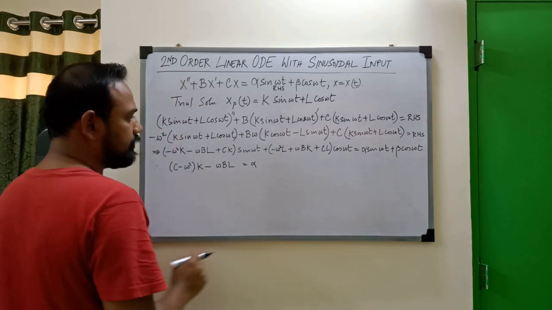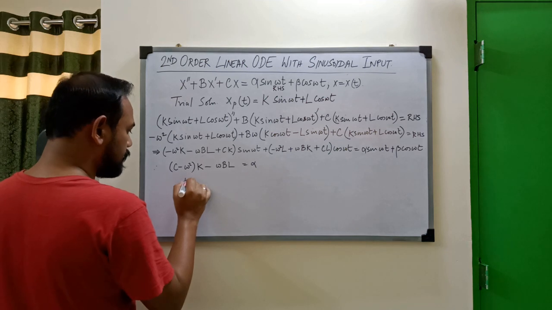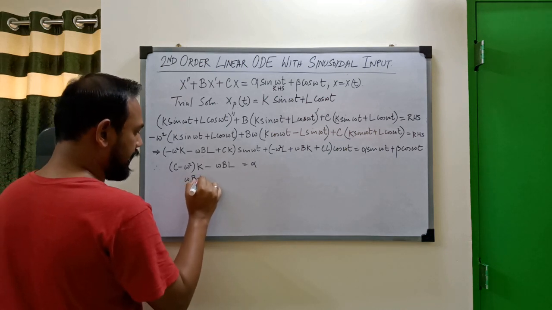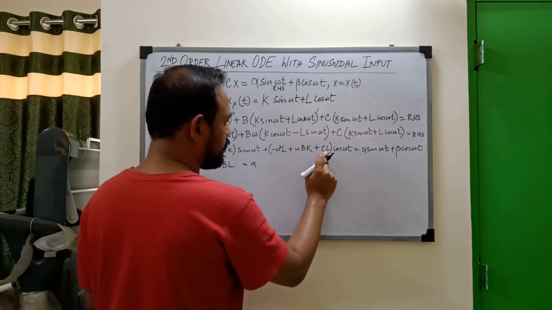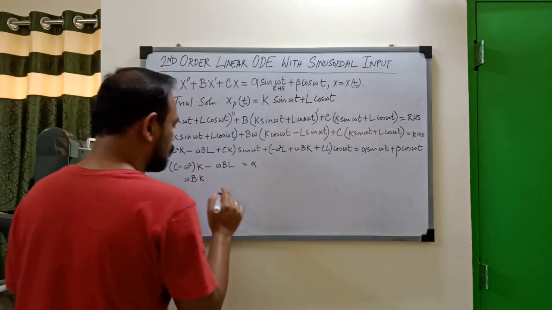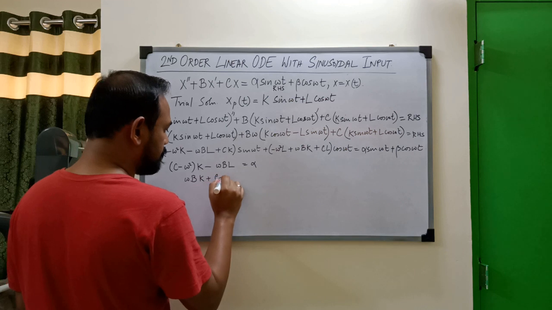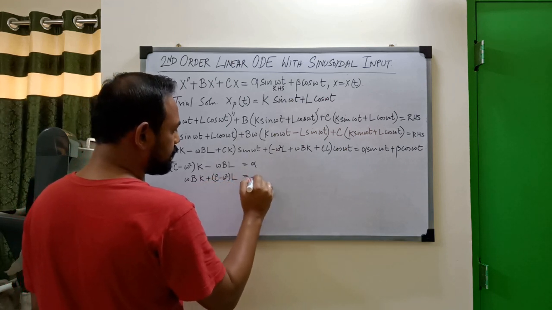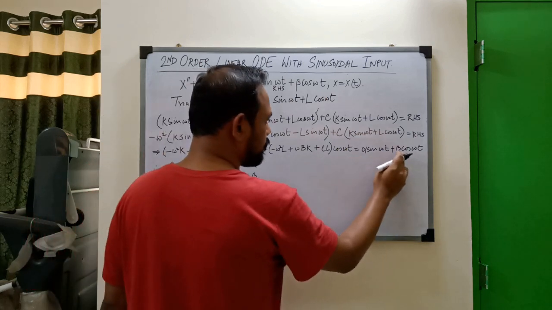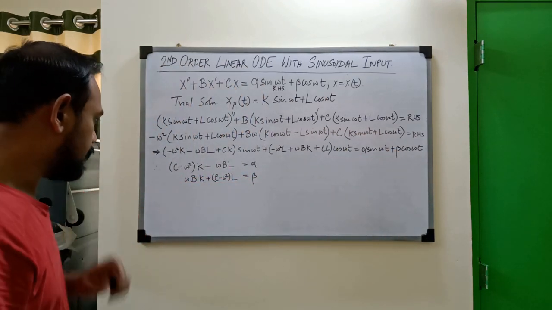The other one is omega b k, and you have L common from these two, plus c minus omega square L. This must be equal to the coefficient of cosine omega t, which is beta.